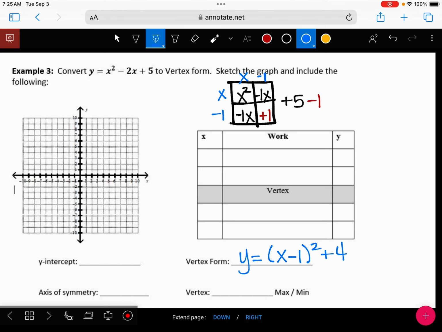So our vertex, remember, we always flip this sign. So if that's a negative, then we're going to put a positive 1 and a positive 4. And that's a minimum. And your axis of symmetry is x equals 1. Whatever number is here is the same number that goes here.